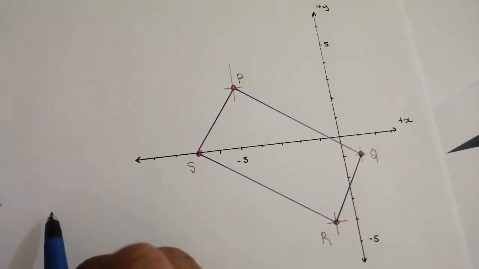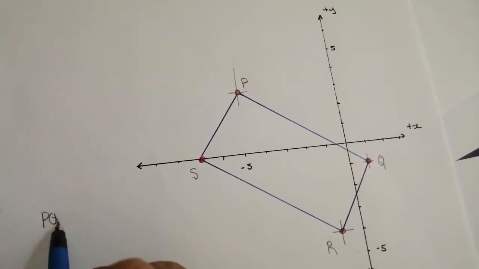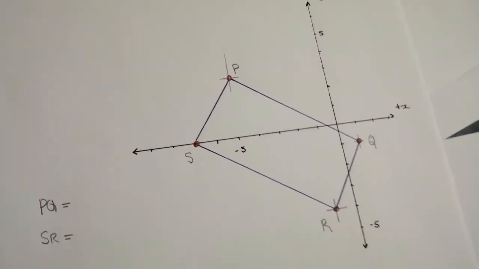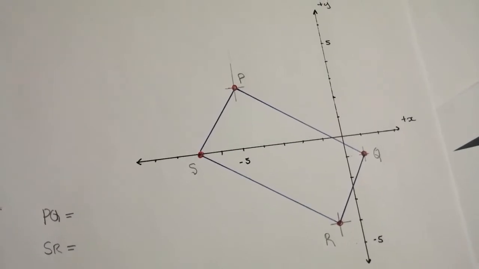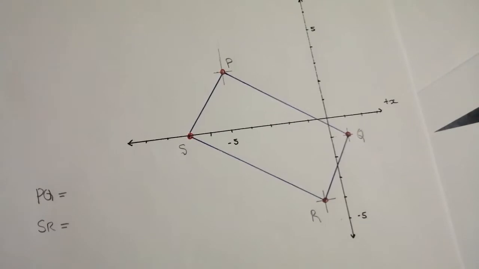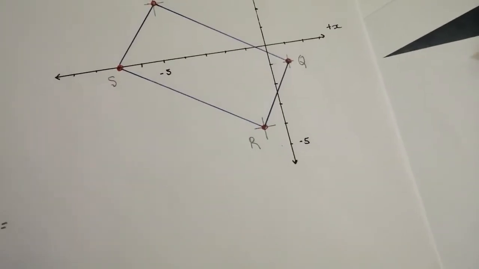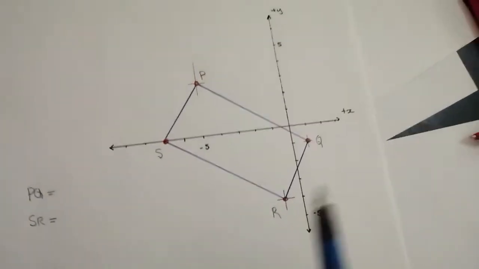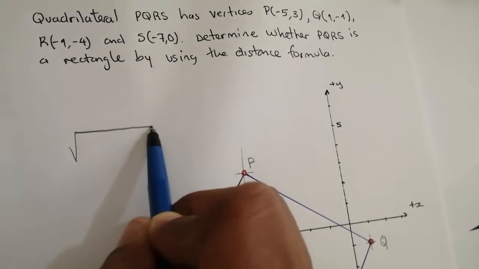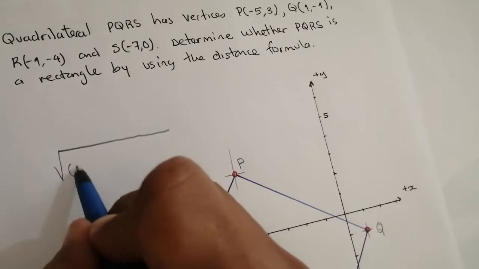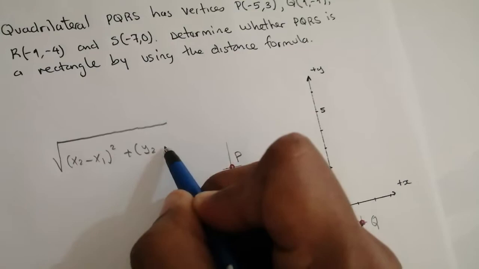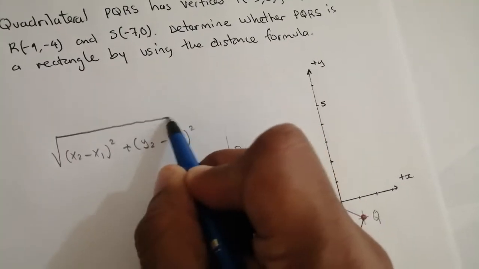What I'm going to find then is the distance from PQ and also the distance from SR. If they are the same, it means that the opposite sides are congruent. I'll do the same with SP and RQ. So I will use the distance formula. For those who forgot, the formula is the square root of (x2 minus x1) squared plus (y2 minus y1) squared.